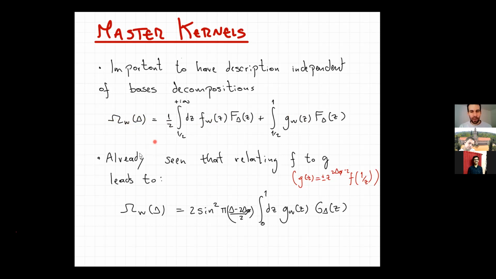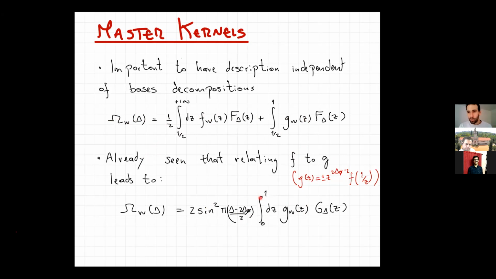Now we've already seen that for a general ansatz of this form, if you relate f to g in a certain way, and if you go back to our lectures, it was basically fixing g in terms of f in this way, then if you manipulate these contours, it's possible to show that the functional action has double zeros. It gives you this sine squared, and then you get this integral.